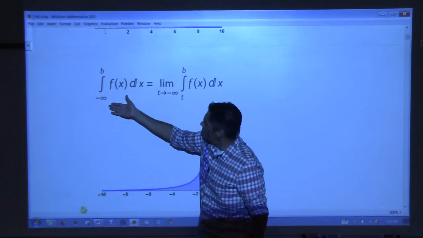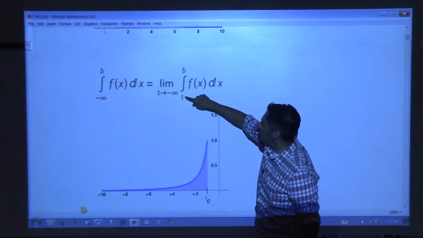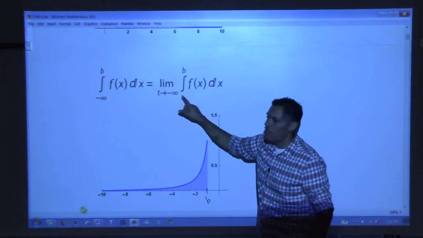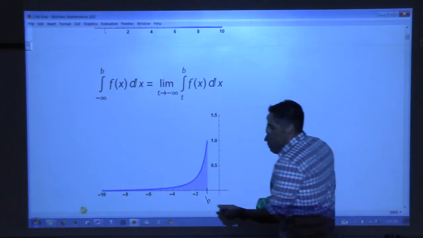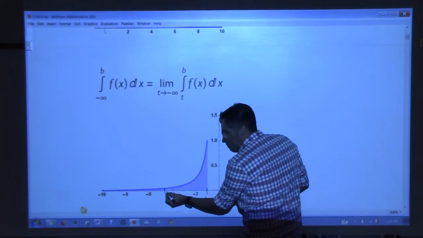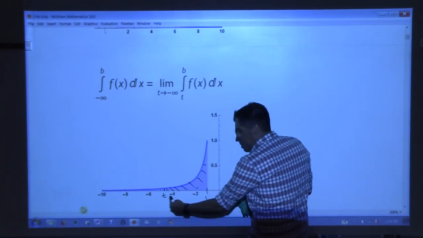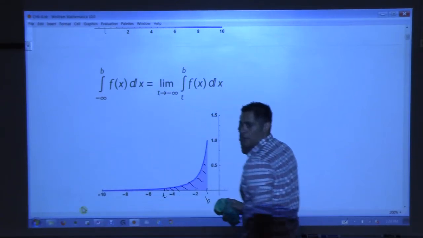To do this, we're going to replace the infinity symbol with T. We're going to leave B as B. We're going to figure out what this is, but at the end, we will let T go to negative infinity. So what we're doing is finding a definite integral, stopping it, and looking at just the area from T to B, but then we're going to let T go to negative infinity. That's what we're doing.